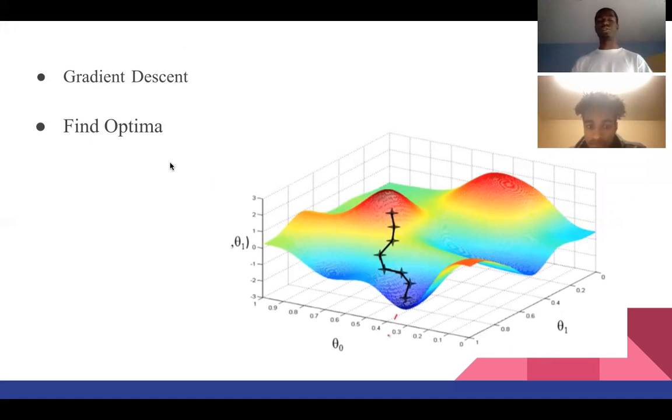How we continue to minimize is gradient descent. What you see here is a graphed landscape, and it is supposed to mimic the error that we produce using the machine. We want to move from those higher parts of the landscape to the lowest possible point, the lowest optima.